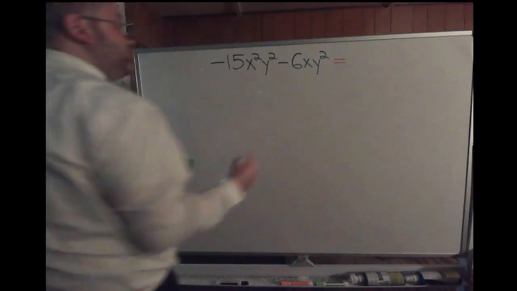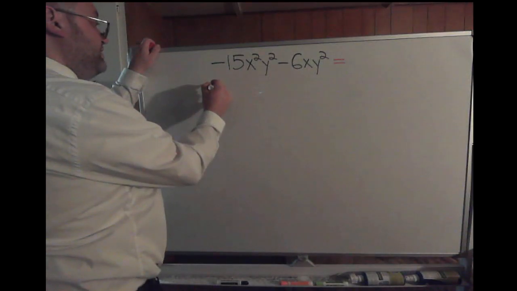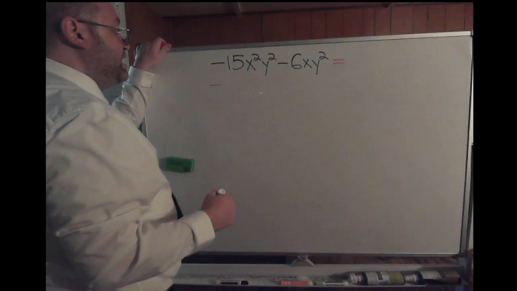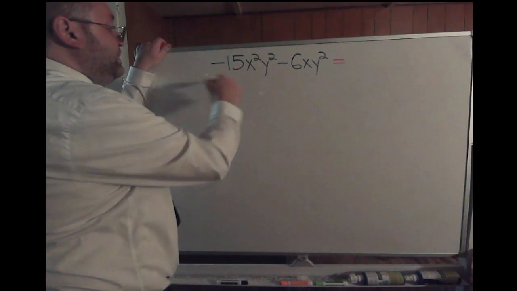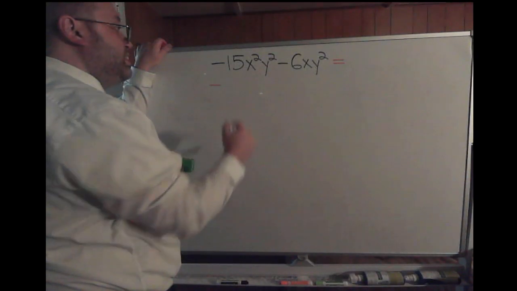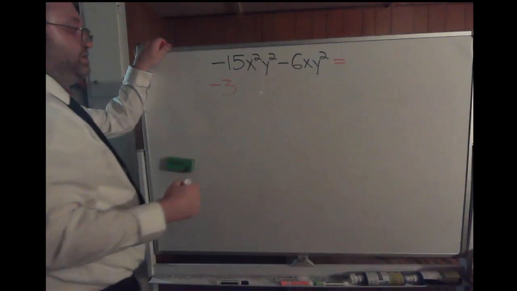Well, let's establish what they have in common. Definitely a negative. They both have a negative in common because they're both negative terms. Now 15 and 6 have what in common as their greatest common factor? A 3. So you got negative 3 so far.